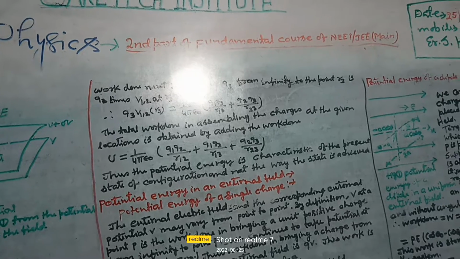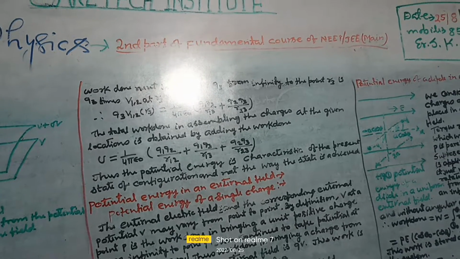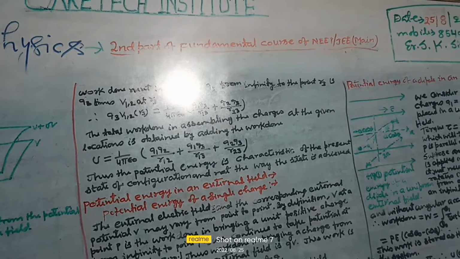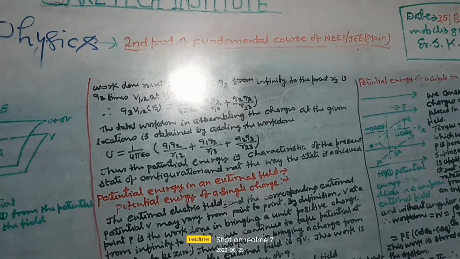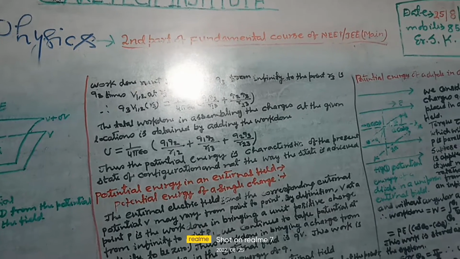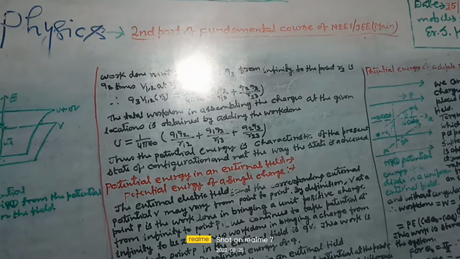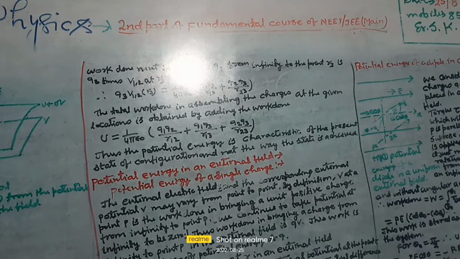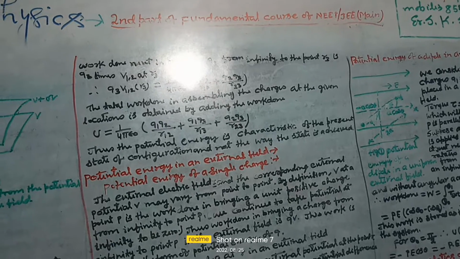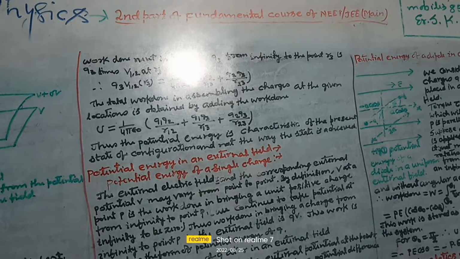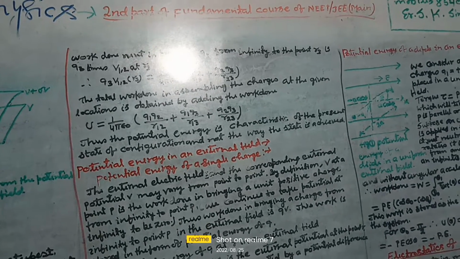The total work done in assembling the charges at the given locations is obtained by adding the work done. U equals 1 over 4 pi epsilon naught, Q1 Q2 over R12 plus Q1 Q3 over R13 plus Q2 Q3 over R23. Thus the potential energy is characteristic of the present state of configuration and not the way the state is achieved.